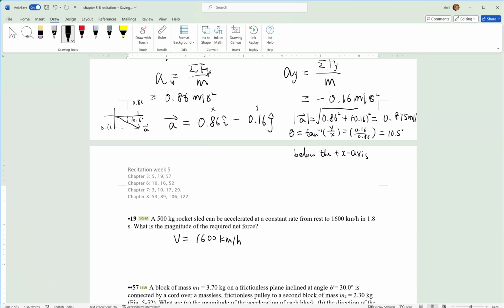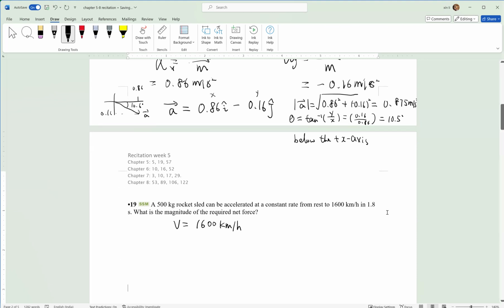So it's a 500 kilogram rocket sled can be accelerated at a constant rate from rest to 1600 kilometers per hour in 1.8 seconds. So this is in second, this is in kilometer per hour. You have to convert this. So it's 1600 times 1,000.